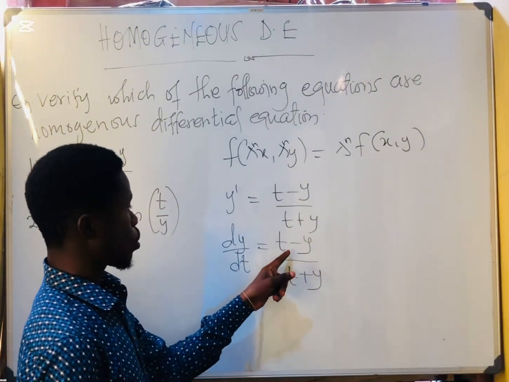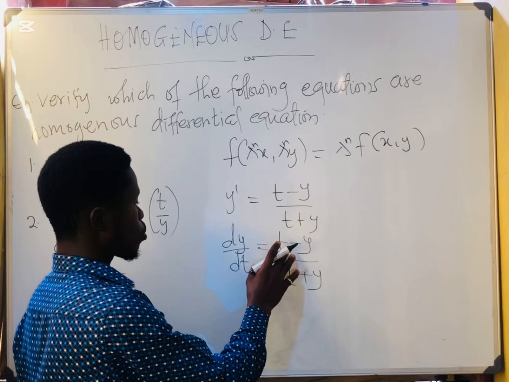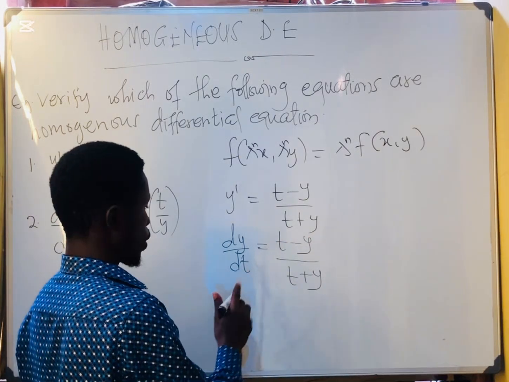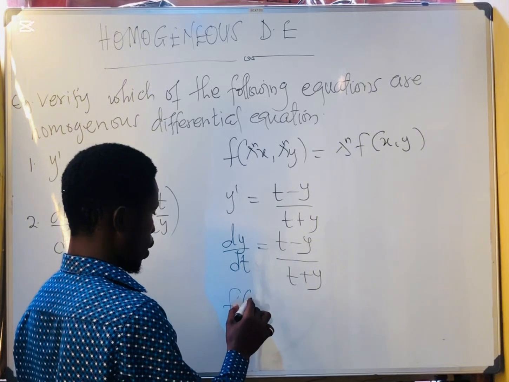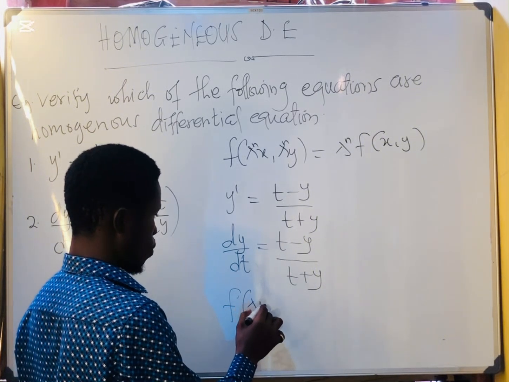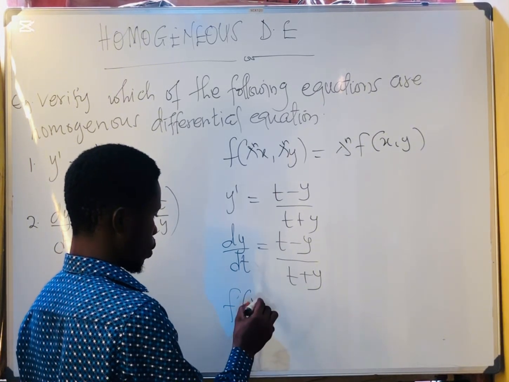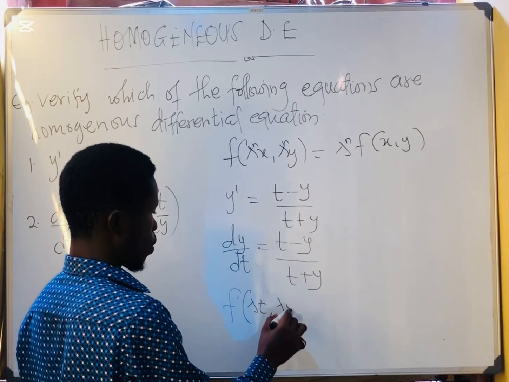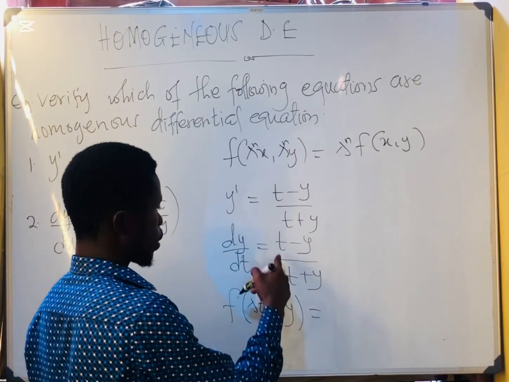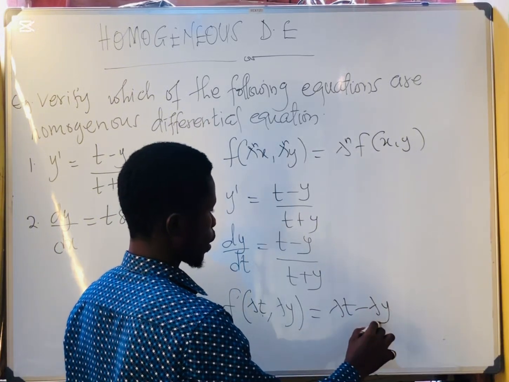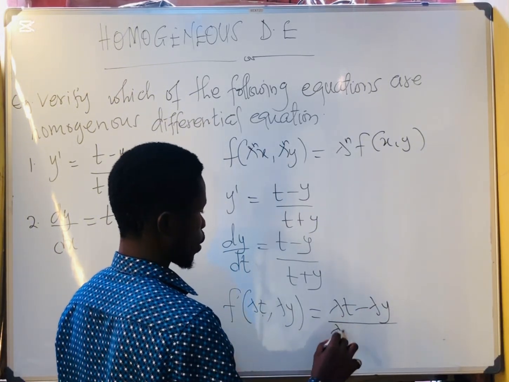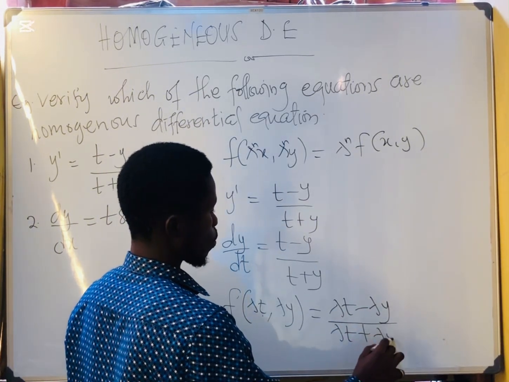So what you are going to do is write this in terms of lambda t, lambda y, and that means that wherever I see t, I'll put lambda t, and wherever I see y, lambda y. So we have lambda t minus lambda y, all divided by lambda t plus lambda y.